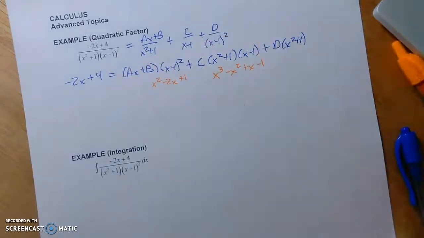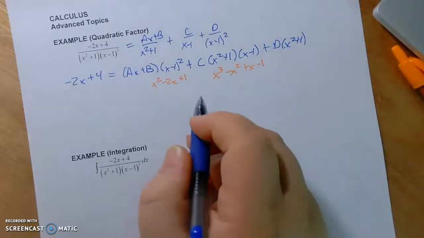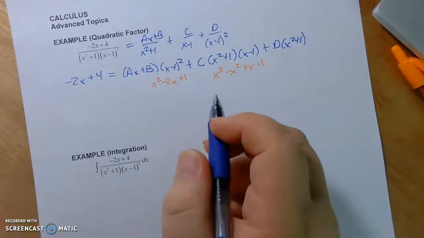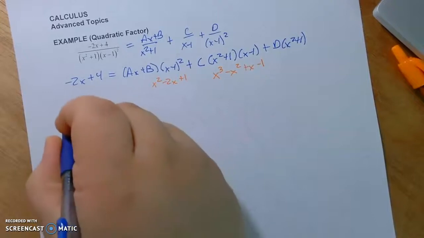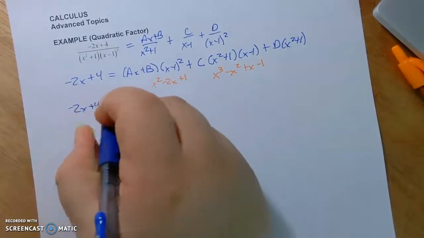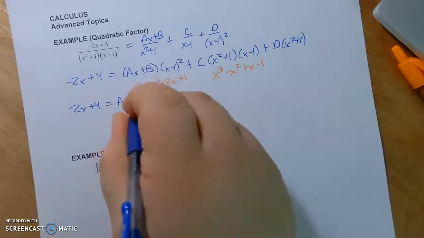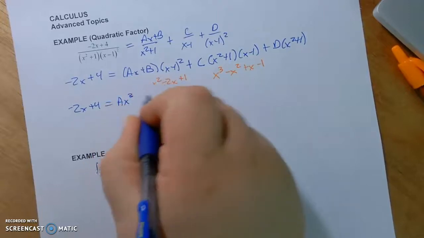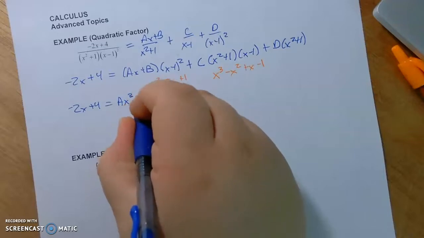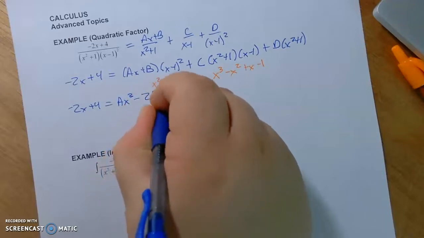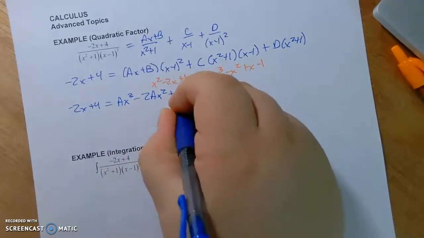And these others aren't too bad to distribute. I'm going to go ahead and write it out so I can mark it up as I simplify. So negative 2x plus 4 equals ax cubed. So I'm taking ax and multiplying it through this. Minus 2ax squared plus ax.